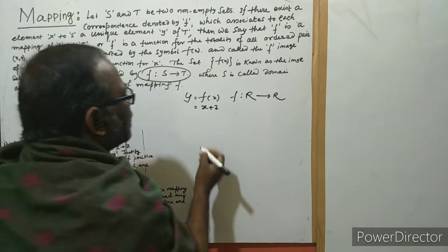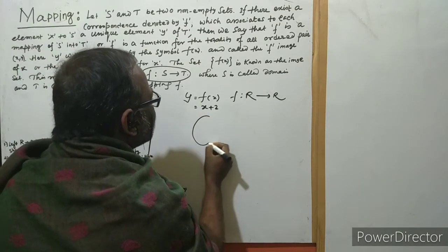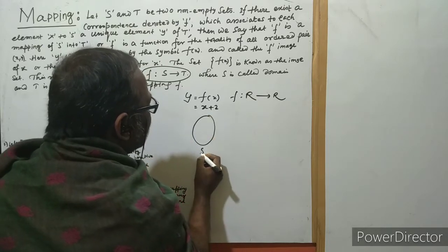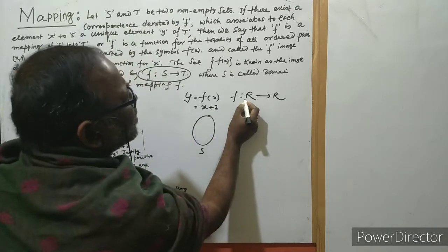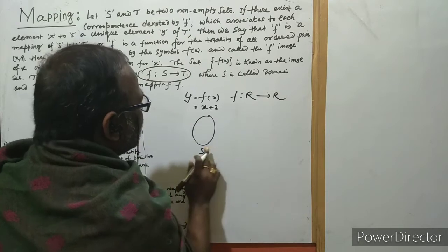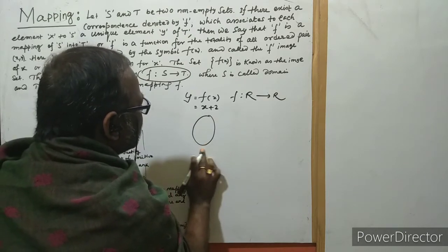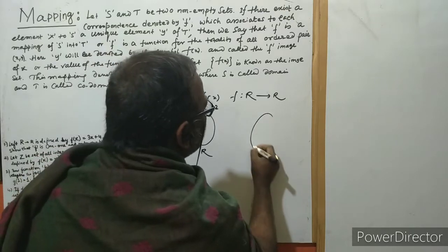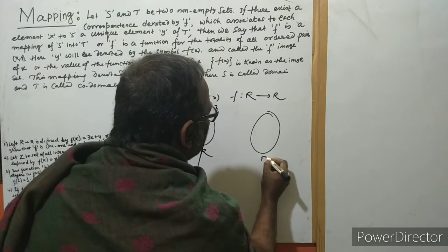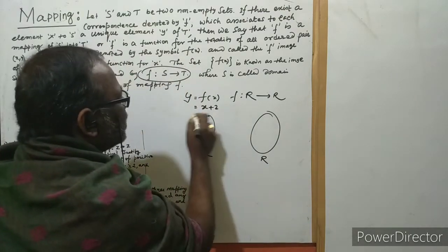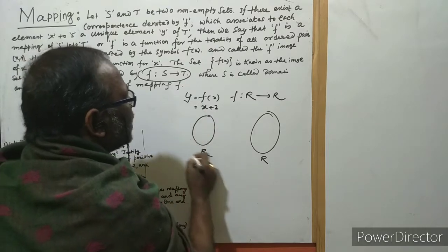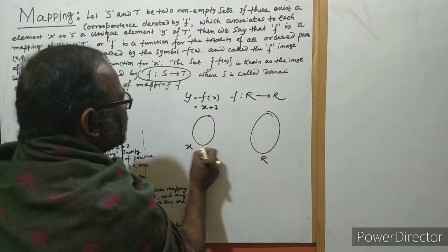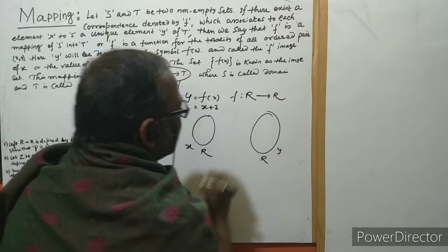So simply, this is S and this is T. I am saying R to R. So this set is the real numbers, and this is also a real number set. This set is called the domain, where the values lie on x, and here the values lie on y.